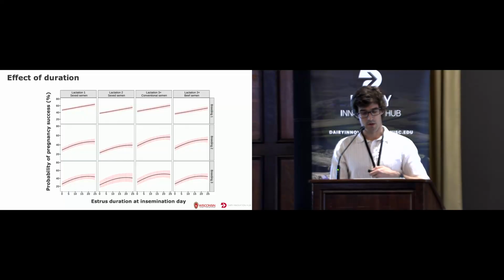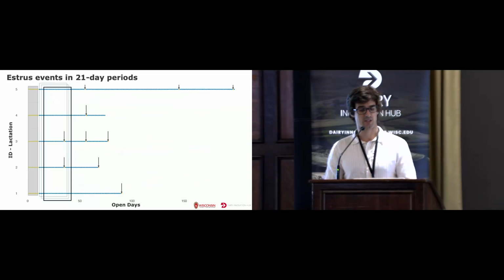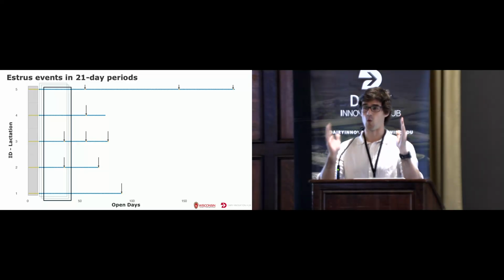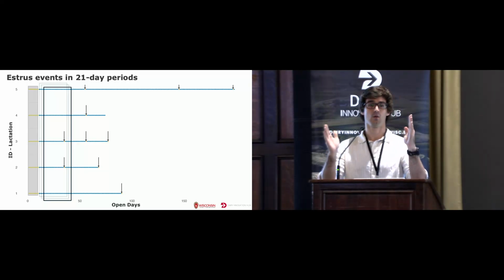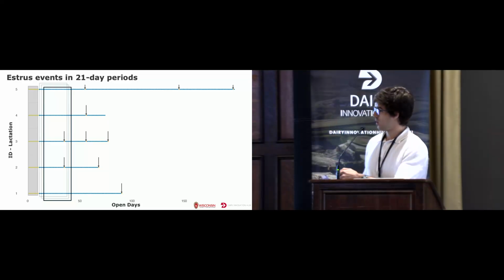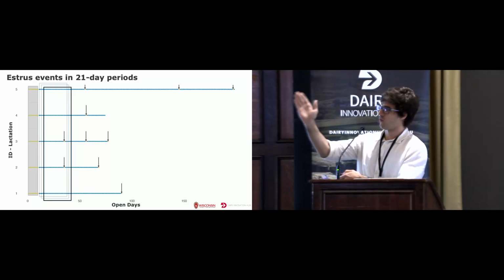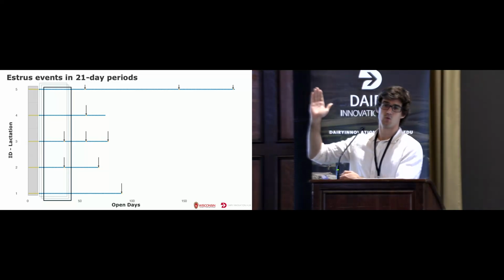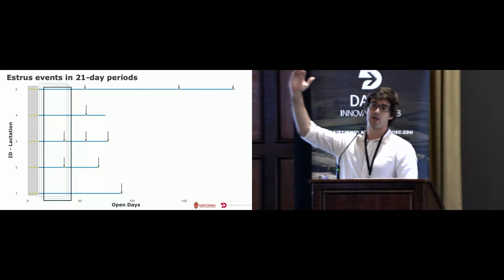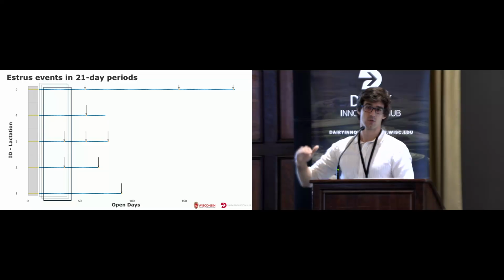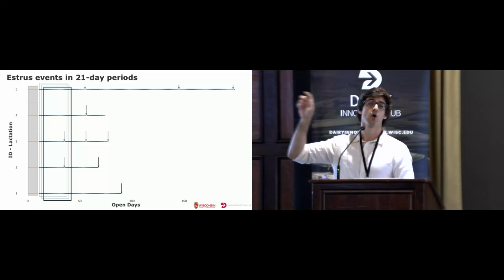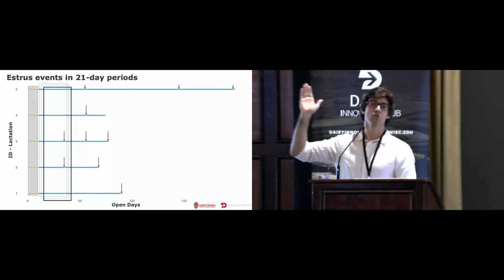So let's talk about heritability. The first trait that we are analyzing is estrus expression as 0 or 1 in a window of 21 days in milk. So we segment the data. We go from 11 days in milk to 31 days in milk, and we ask all our cows which one is showing estrus between 11 to 31 days in milk.